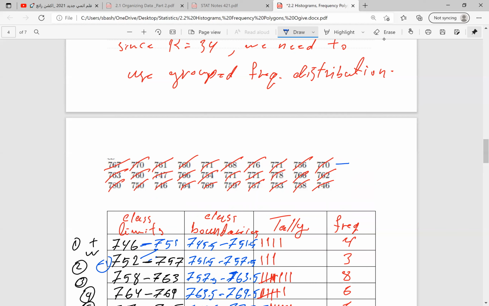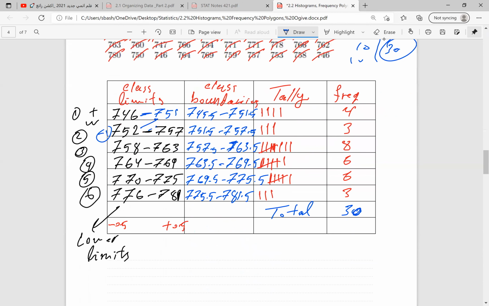This is 10, 10, and 10, so this is equal to 30. I have 30 values, and the total of the frequency is equal to 30 values, which means that we went through all the data, but we have to be careful about the classes, so we don't put any data in the wrong class.